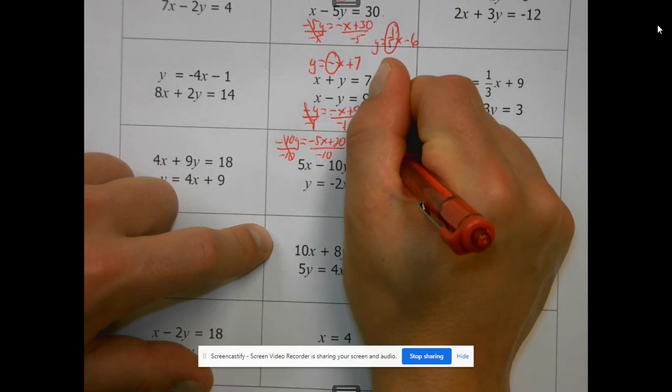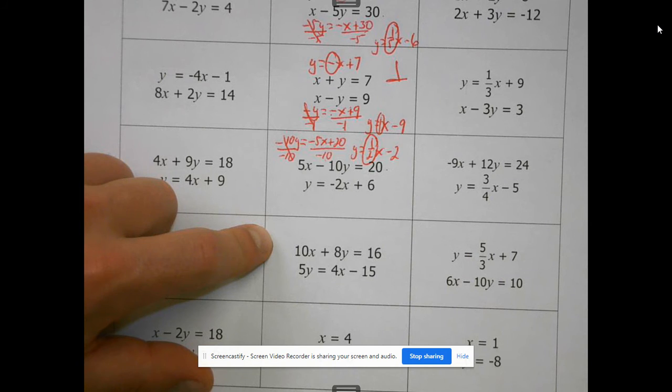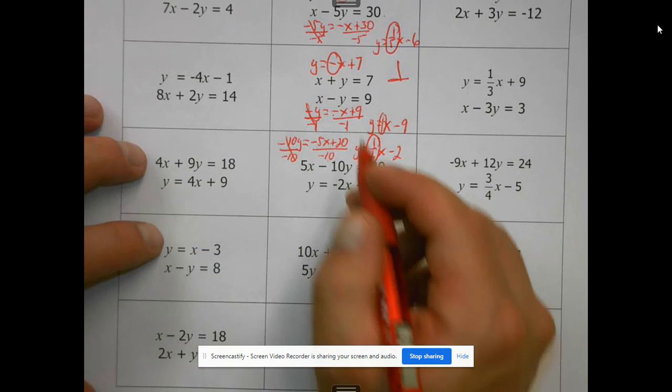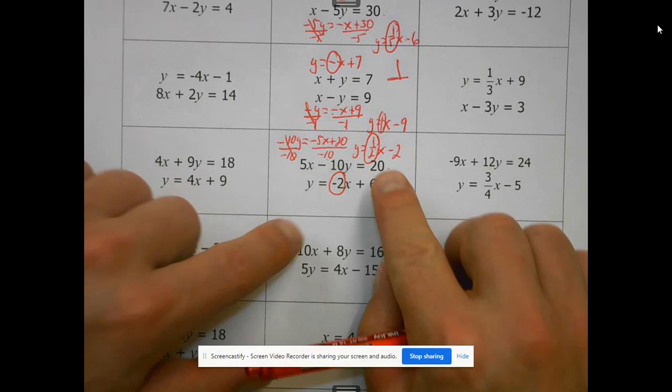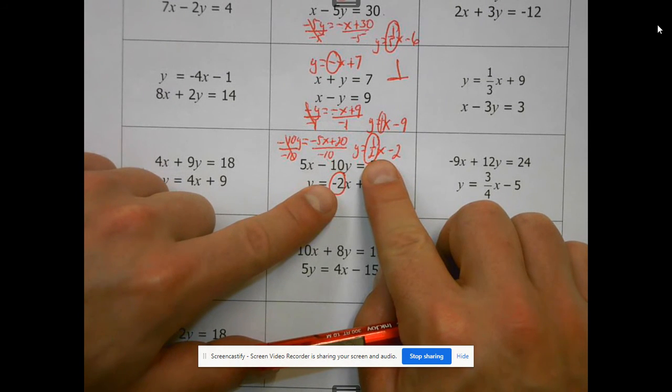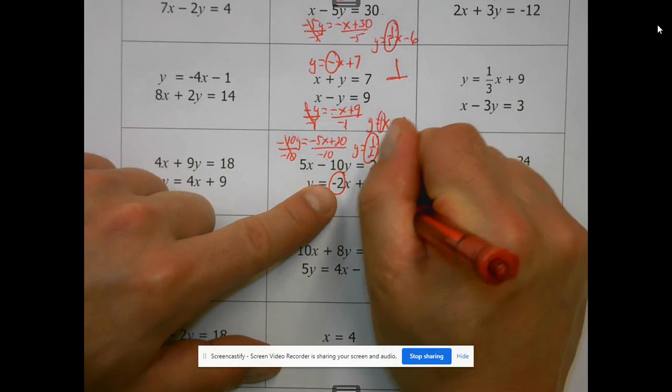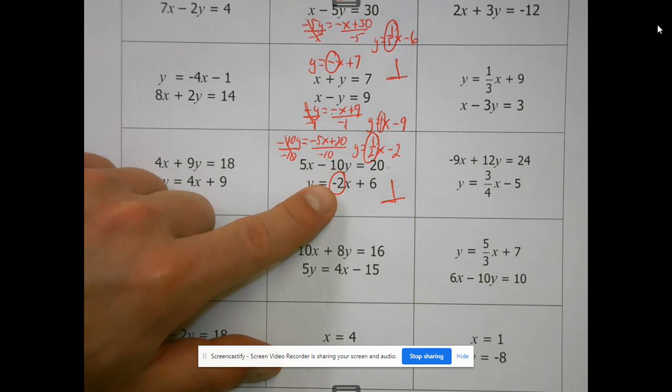This slope is a 1/2 up top. This slope is a -2. These are negative reciprocals. These are perpendicular.